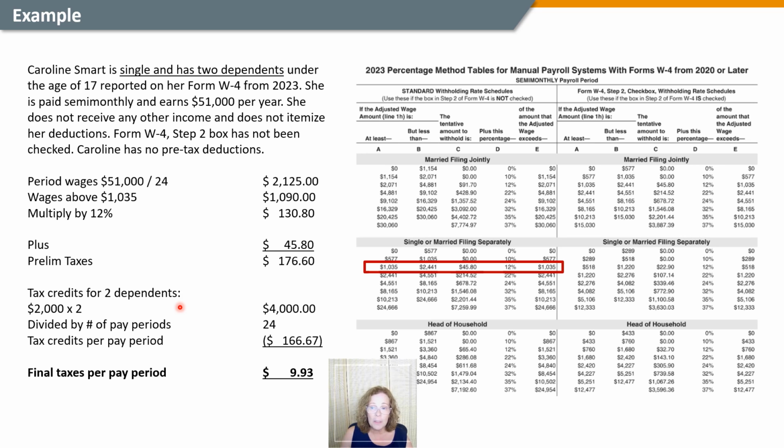In this case, though, the dependents are under 17 and we divide the $4,000 by 24 because that is the number of pay periods for semi-monthly payroll, which gives us $166.67, which we subtract from the amount of $176.60, which then results in the final federal tax withholdings of $9.93 per paycheck.